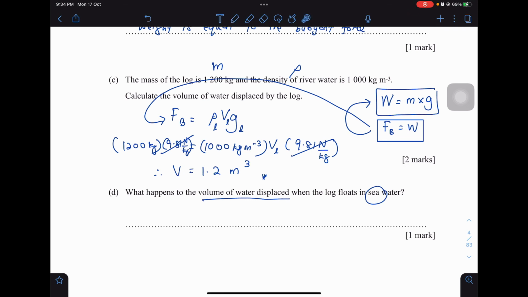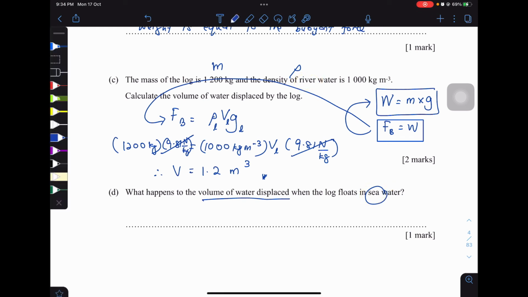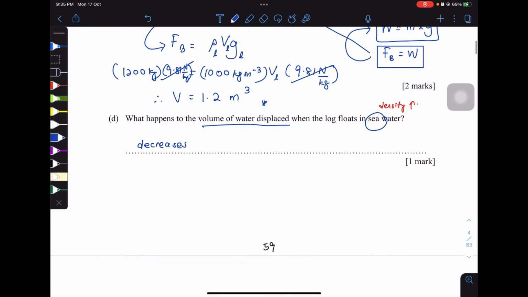What happens to the volume of water displaced when the log floats in sea water? Instead of a river, now we have sea. What do you know about sea or river? For sea, the density is higher. For the river, the density is lower. Why?